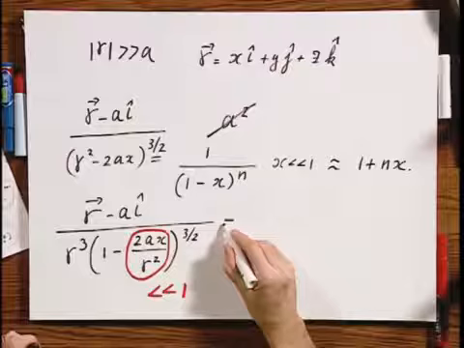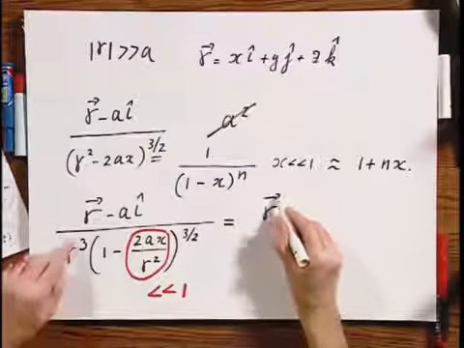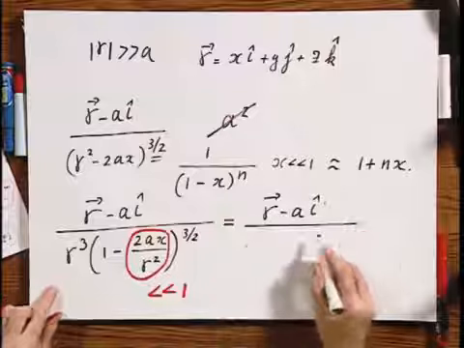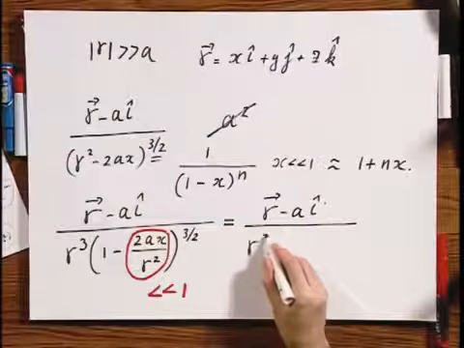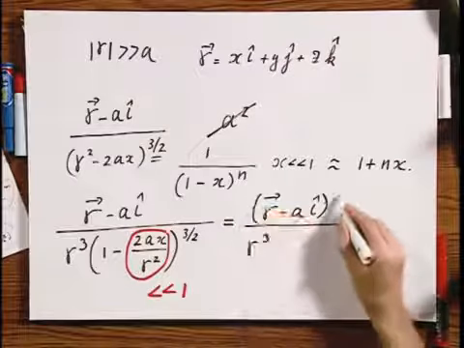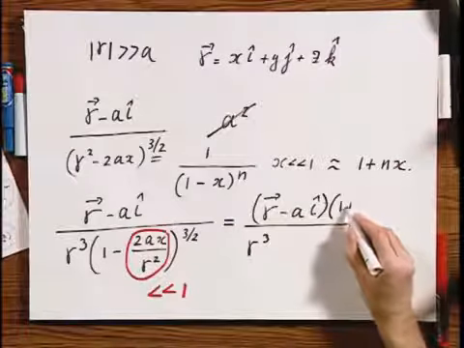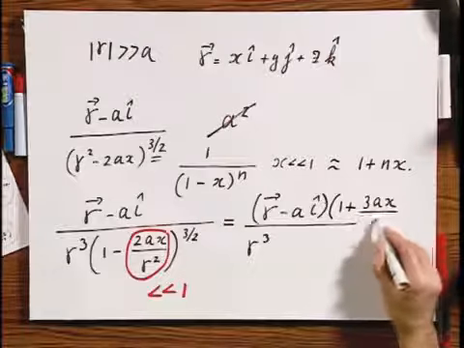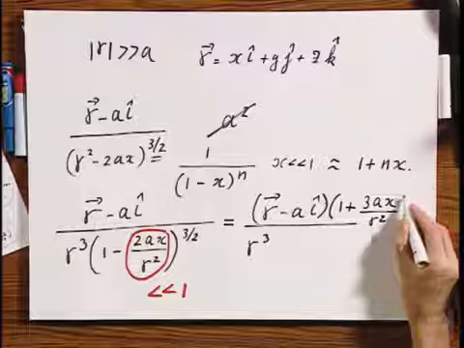And so this now becomes r minus a I roof divided by r cubed. And then I have here upstairs 1 plus 3ax divided by r squared.